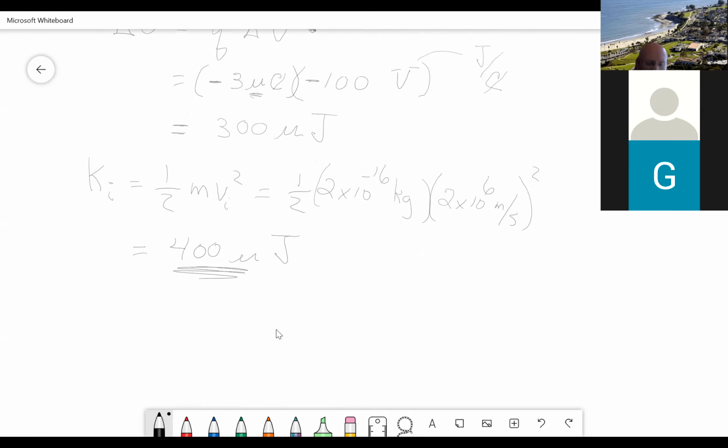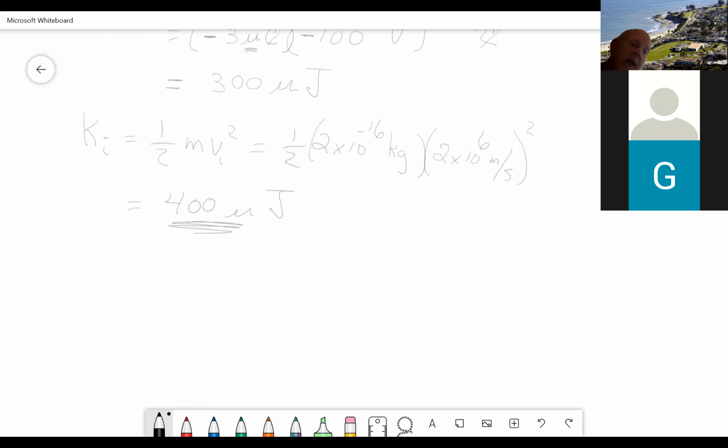Now, let me just leave this screen and come back, because I think it said, okay, if it does get there, then how fast is it going? I believe it said, does the particle reach the plate? So yes. Explain how you can tell. And so I did it in terms of energy, not forces. That would have been another way. If it does, what is its impact speed? Okay, so that's where I am.